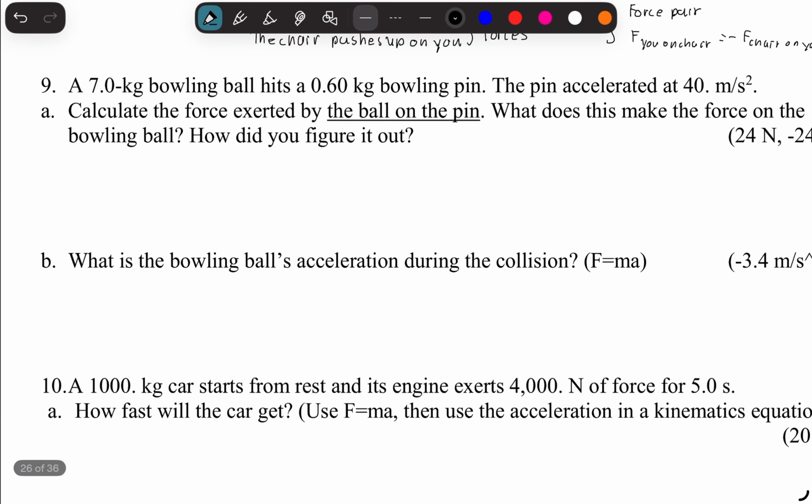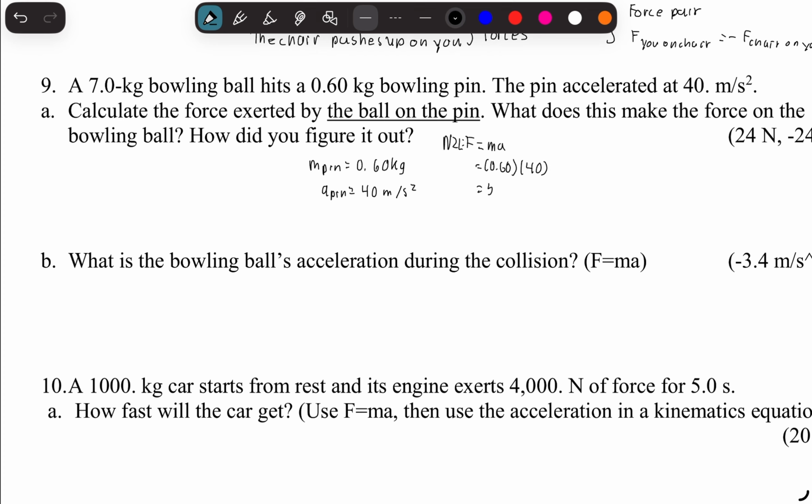So, you know that the mass of the pin is equal to 0.60 kilograms, and the acceleration of the pin is equal to 40 meters per second squared. So we know that the force on the pin, we can use Newton's second law. F is equal to ma, simply 0.60 times 40.